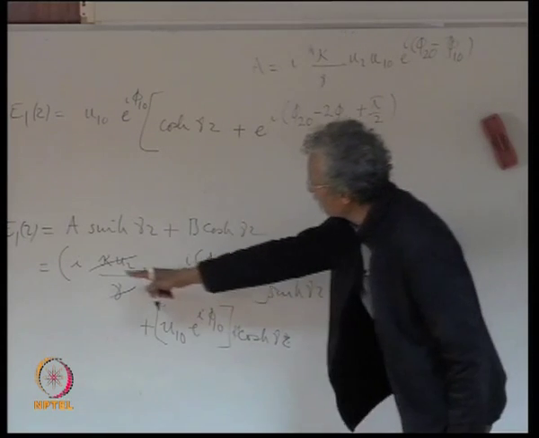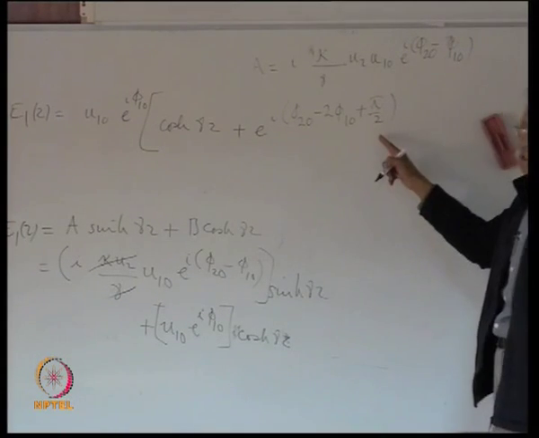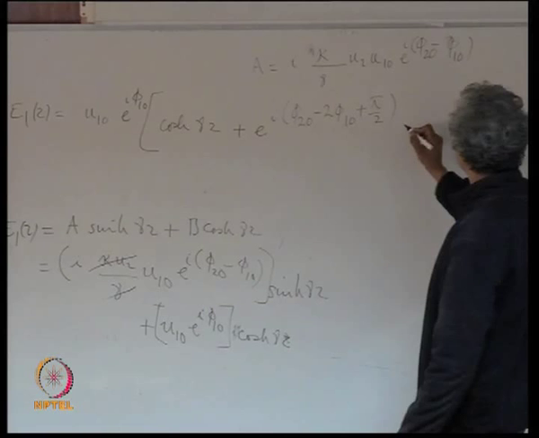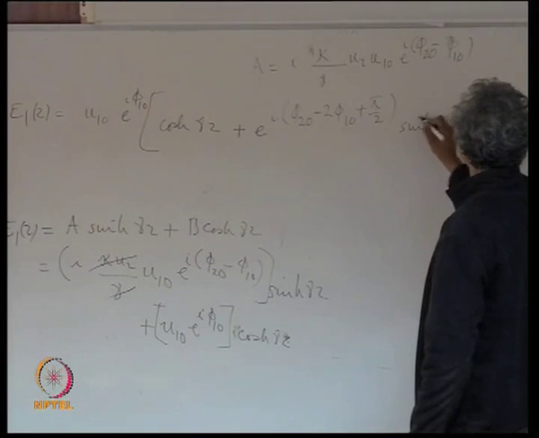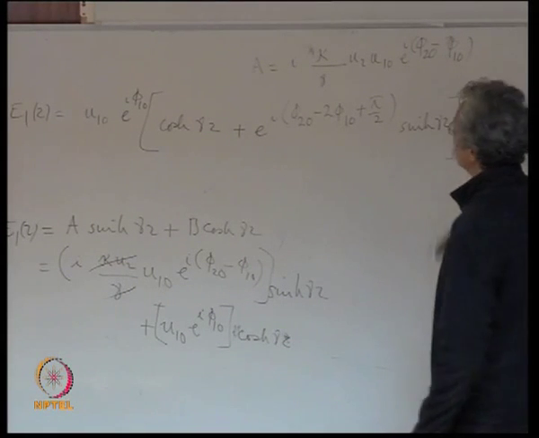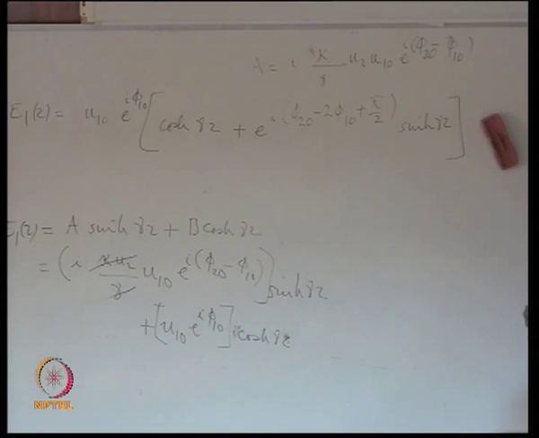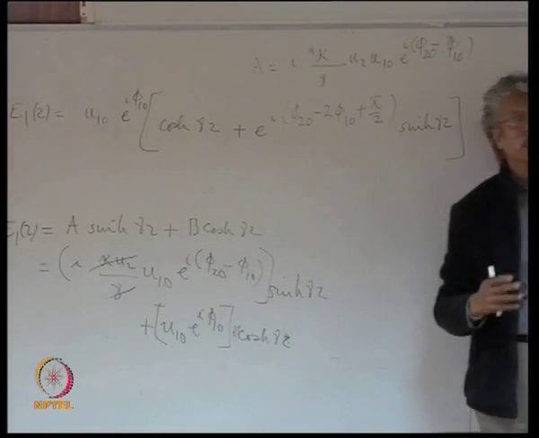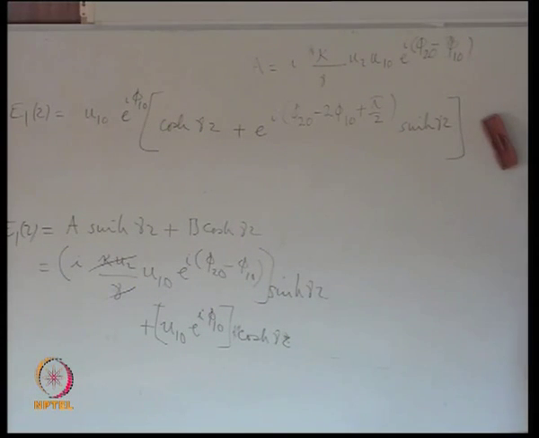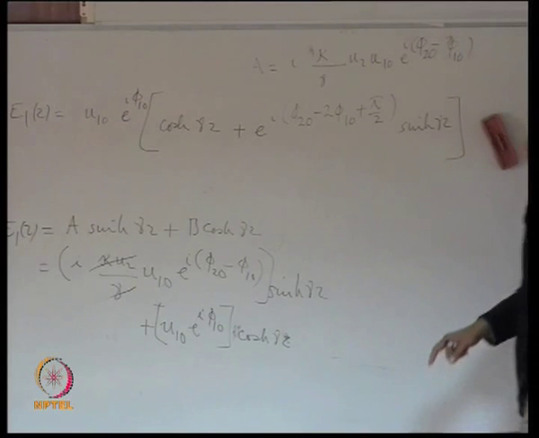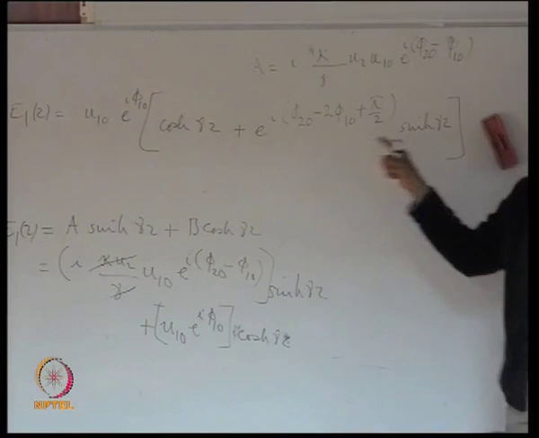The I factor multiplying here I have written as exponential I pi by 2, and then I have sine hyperbolic gamma Z. What I have done is I have used the initial conditions at Z is equal to 0 to calculate the two constants A and B, substituted into the solution and express the solution like this.